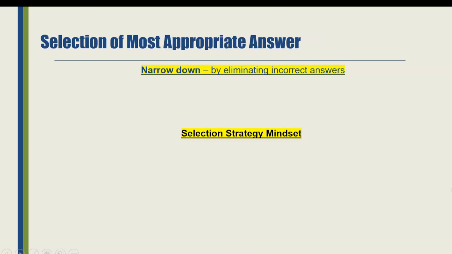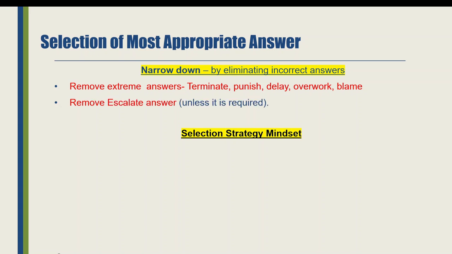So let's focus on selection of the most appropriate answer using the following strategies. Number one, narrow down by eliminating incorrect answers. Remove extreme answers. As a professional and ethical project manager, we never use methods such as terminate, punish, delay, overwork, and blame.